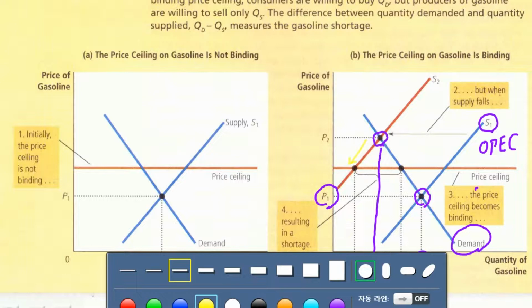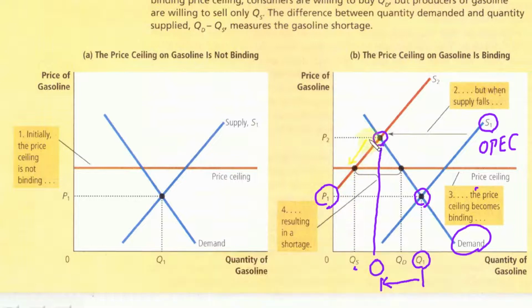Okay, see that? This line, you can look at. And now the interval is not from Q1 to a certain price here, but from Q1 to Q5 here. Okay, because this equilibrium moves not here, but along this one, here.